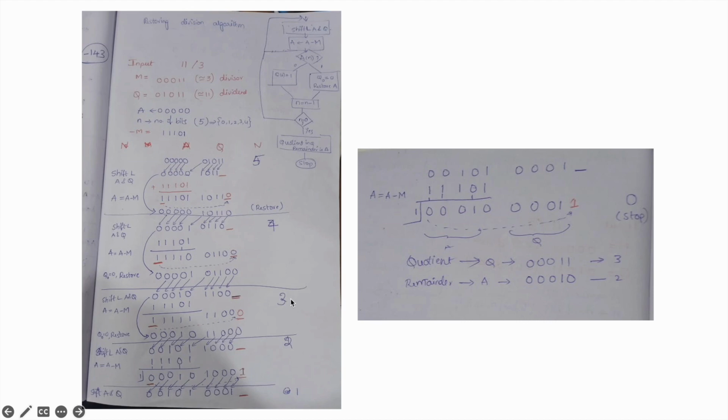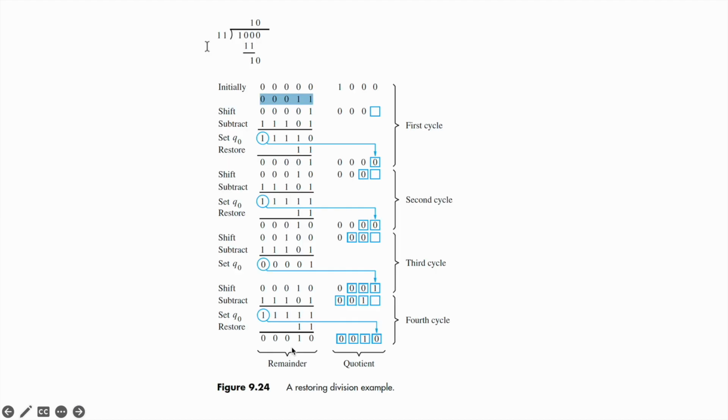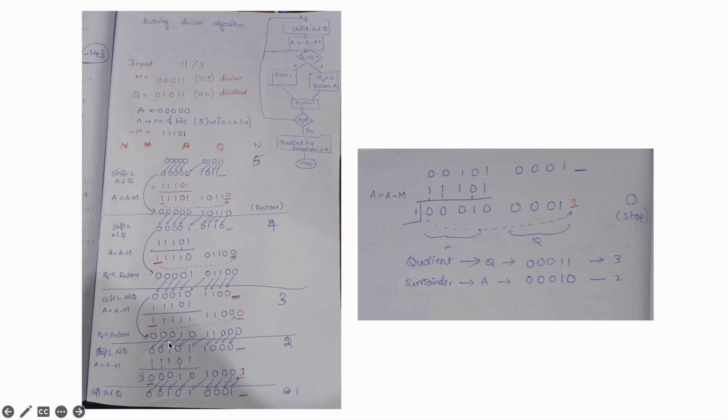Next decrement the n value. The n value is decremented to 2. And shift left A and Q. We have shifted each bit position left. We don't know what Q naught is. Now add minus M value to A. 1 1 1 0 1 is added, and we add bit by bit with carries.